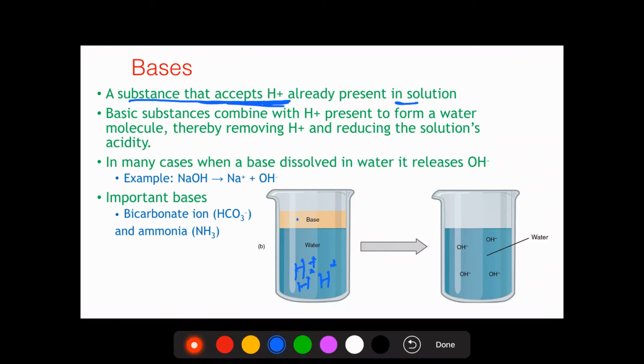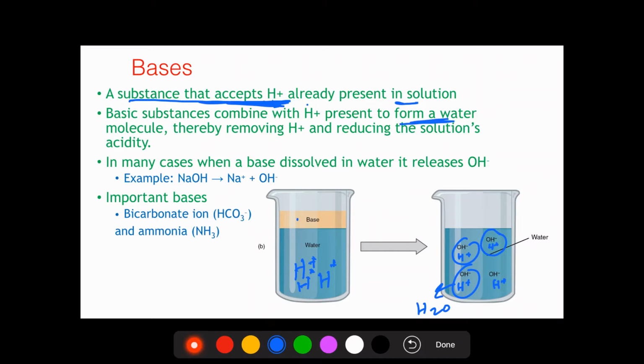These hydrogen ions will get attracted to the base, and they will form more water molecules. So a base is anything that is accepting hydrogen ions that are already present in the solution, and that usually results in water.